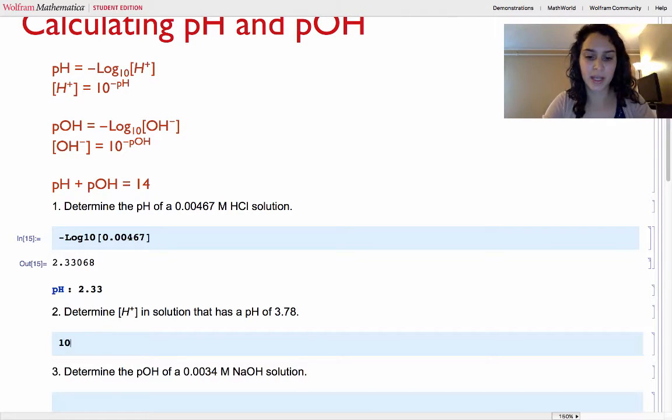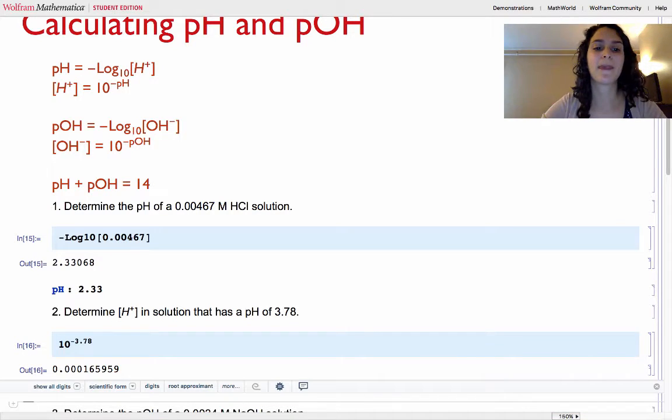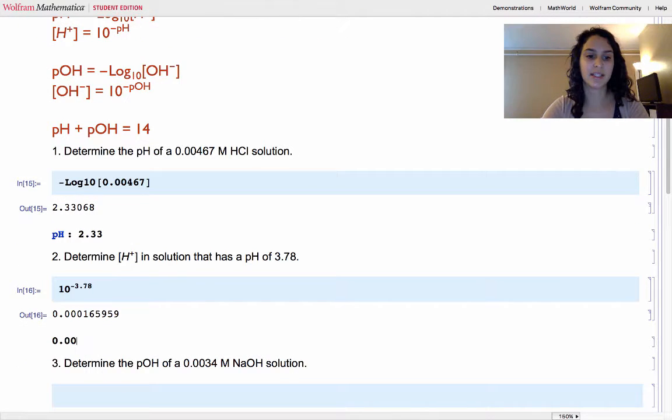So if I do 10, and I do Control 6 with that caret, I'll get the superscript, and I do negative 3.78, Shift Enter, I get the hydrogen ion concentration. We need 3 significant digits. And there I have my answer.